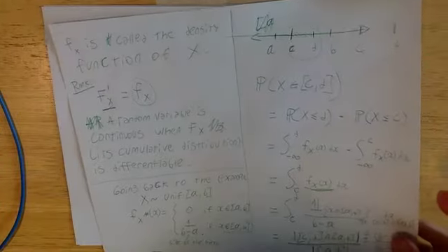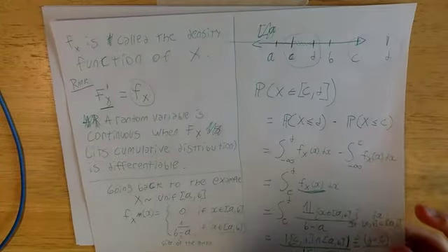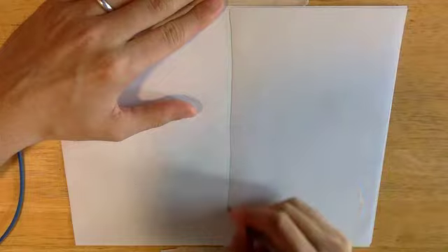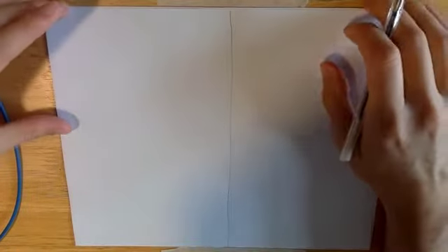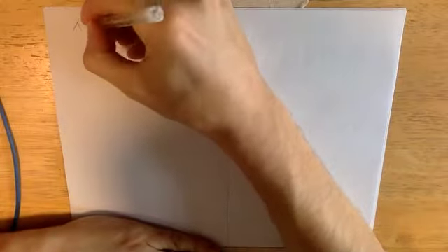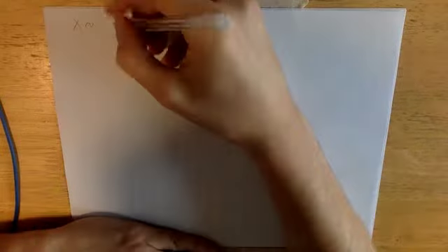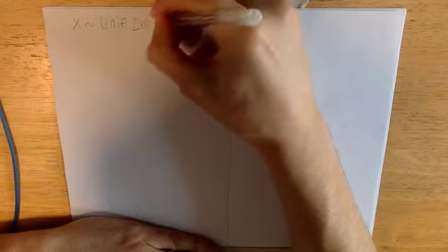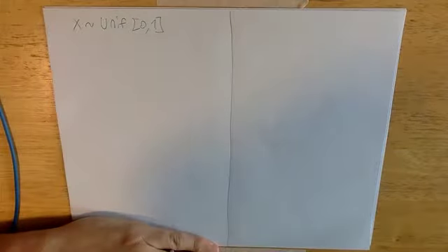Okay, so this is an example. This is perhaps the simplest example of a uniform random variable. I think I've said this a couple of times, but let's repeat it one more time. Let's say that x is uniform between 0 and 1.